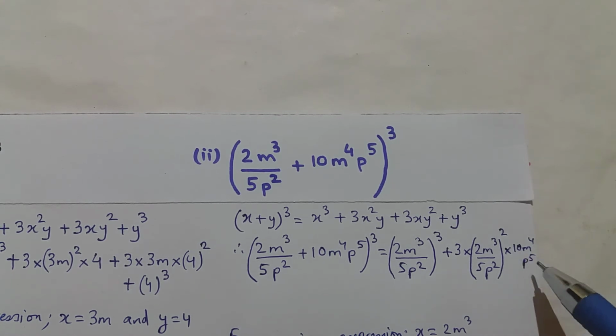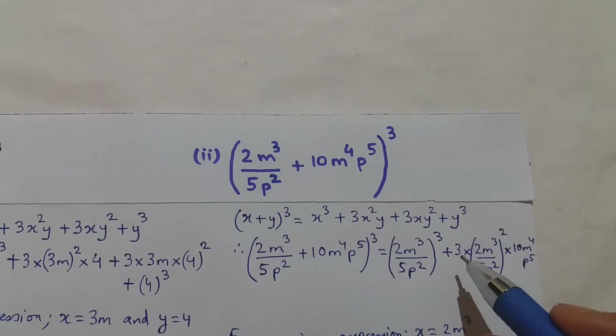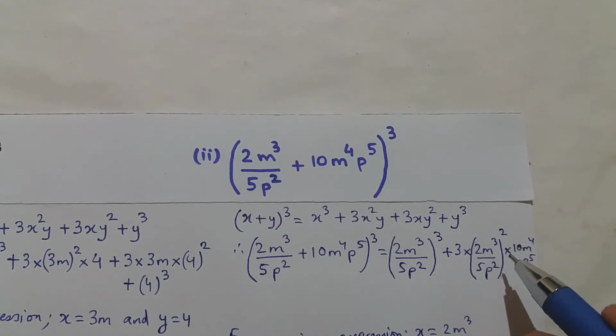I have written it in this way because there is no space, but this is 10m to the power 4 p to the power 5. So it is 3 into (2m cube upon 5p square) whole square into 10m to the power 4 p to the power 5. So this is 3x square y.